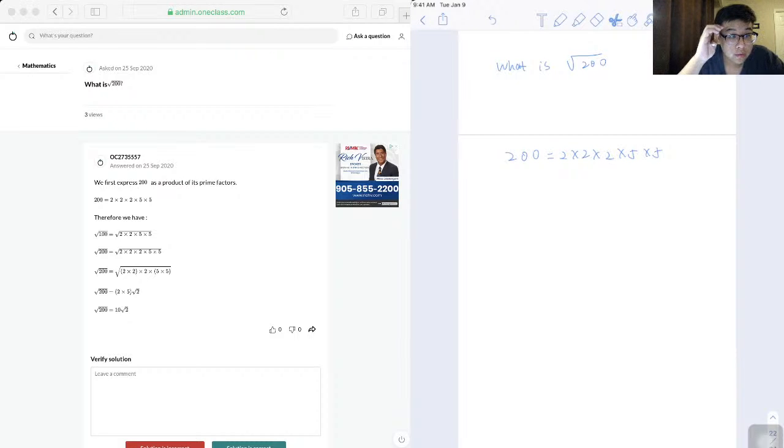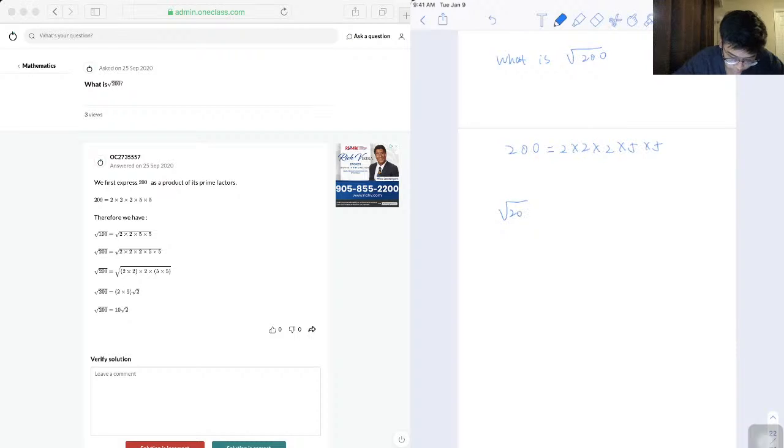And therefore, we got root 200 is equal to root of 2 times 2 times 2 times 5 times 5.